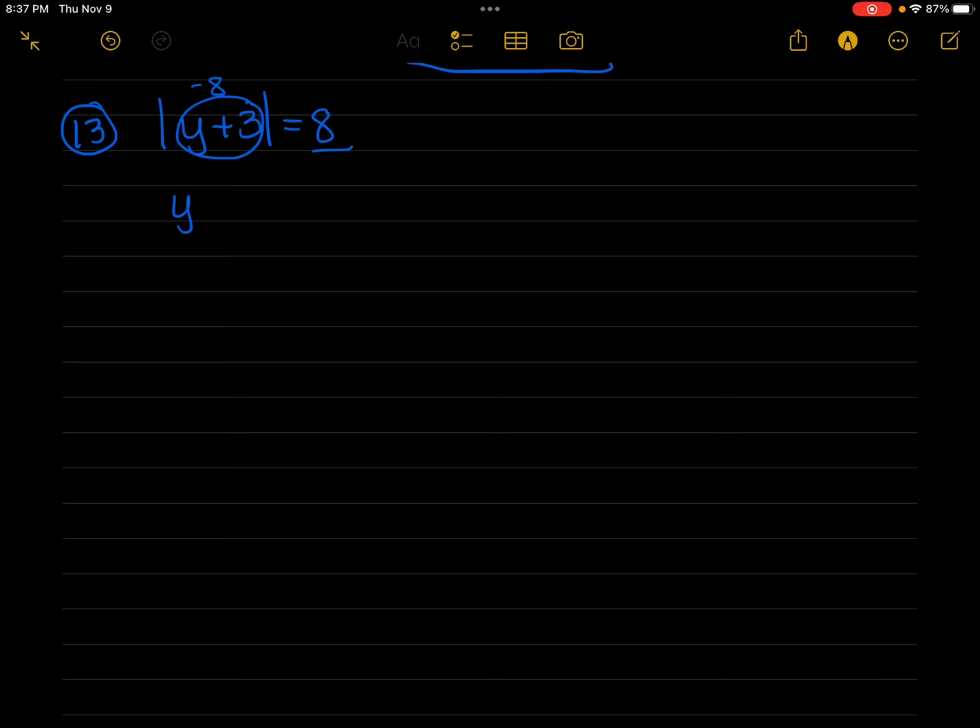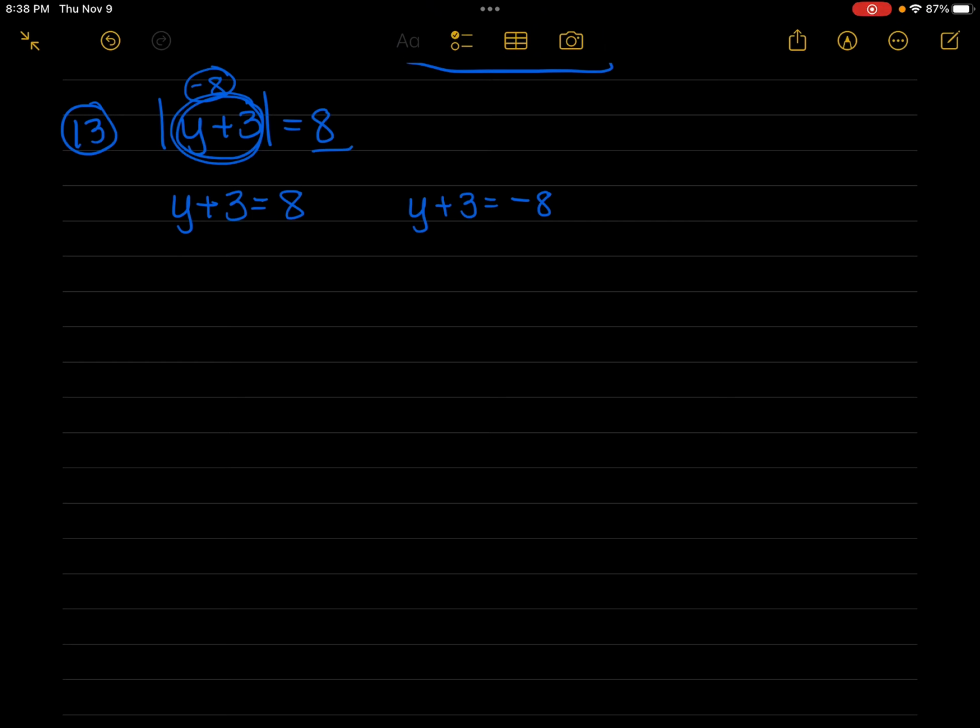So when you're doing absolute value equations, you make the first one look just like the problem, just drop the absolute value, and then you make another one, y plus 3 equals negative 8. Because inside of here, you can get a negative 8, and it will still check out correctly. So now these are my two equations.